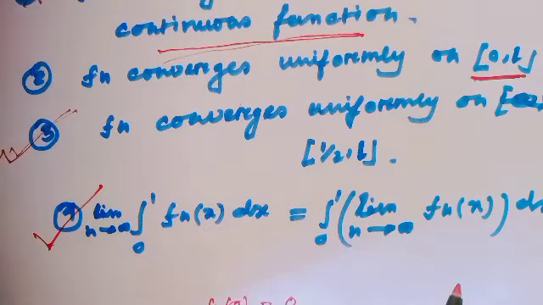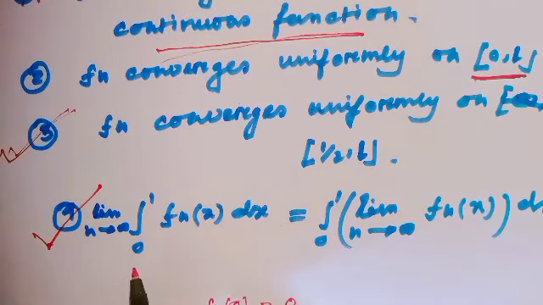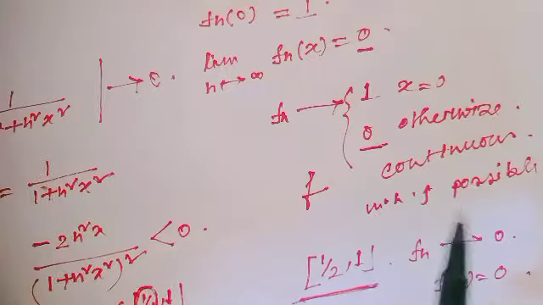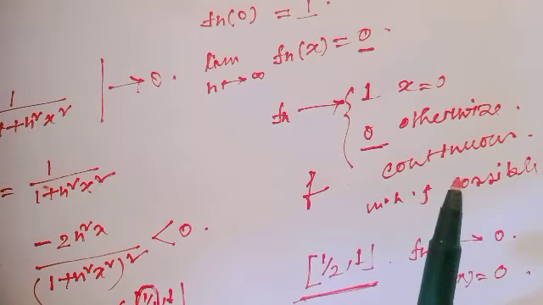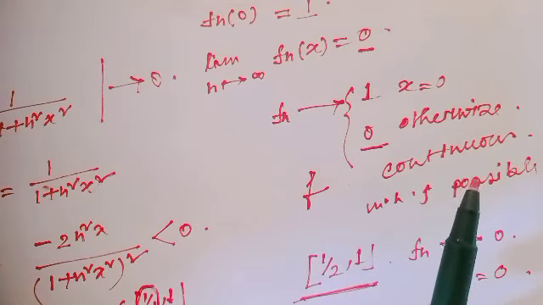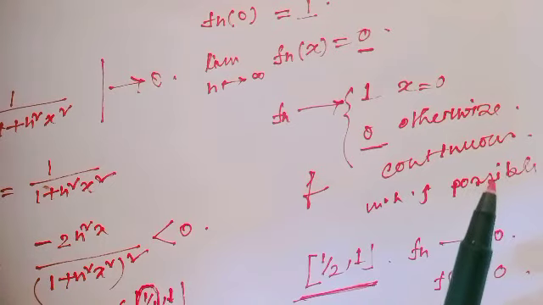But here the interesting thing is, in the closed interval [0, 1], the function does not converge uniformly. Also, in the closed interval [0, 1], the function converges to f, which is a discontinuous function.